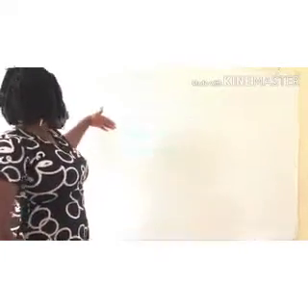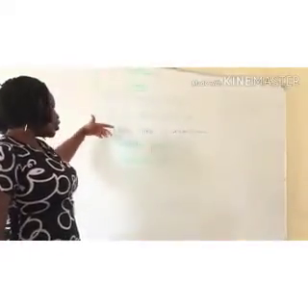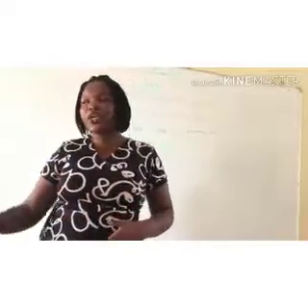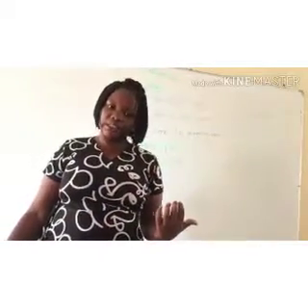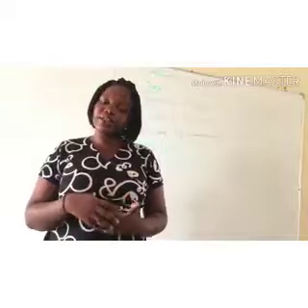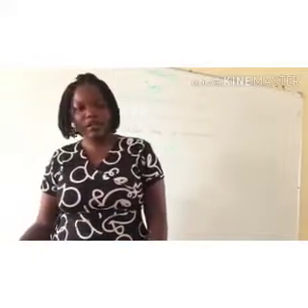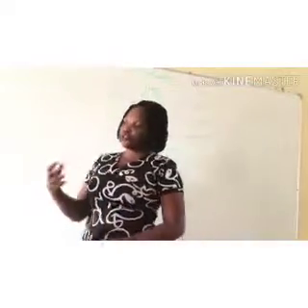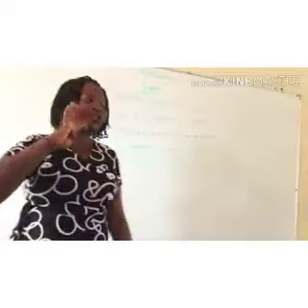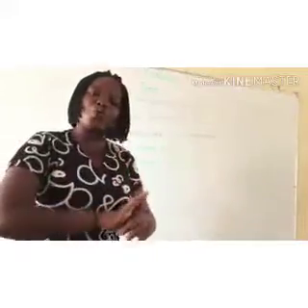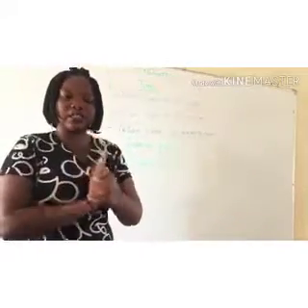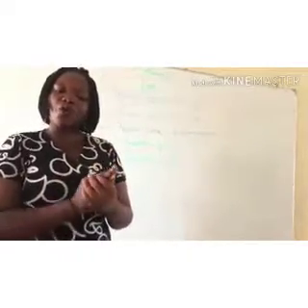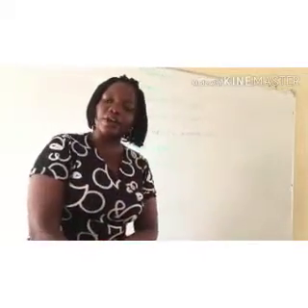Now, when we're telling time to a quarter hour, the minute hand is either at 3 or 9. When it is at 3, it is quarter past. And when it is at 9, it is quarter to. So there are 4 numbers on the clock that determine what time of the day it is, whether it is an hour, half an hour, or a quarter of an hour.